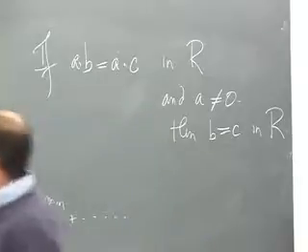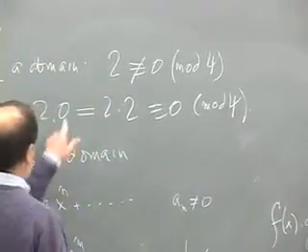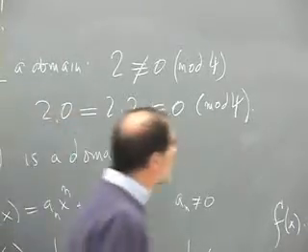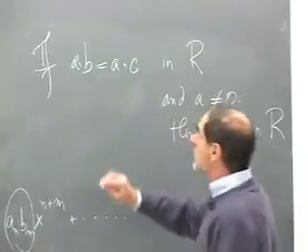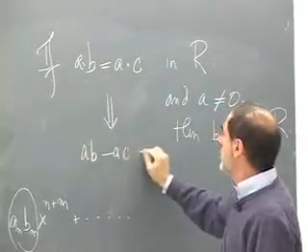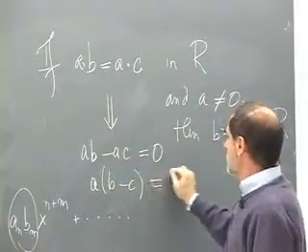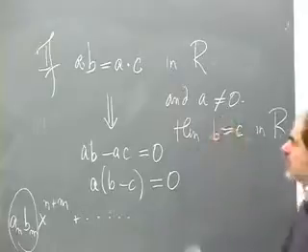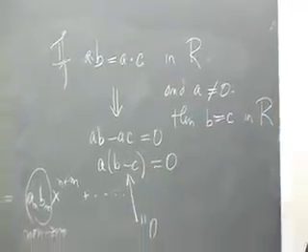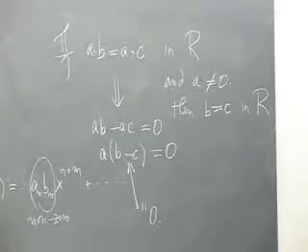For example, 2 times 2 is equal to 0, and that's equal to 2 times 0, but 2 is not equal to 0. Okay, why is this true? Well, subtract and use the distributive law. This implies that ab minus ac is equal to 0, which means that a times (b minus c) is equal to 0. a is not equal to 0, so this has to be equal to 0. That's the domain property. So we can do cancellation in domains, not in arbitrary rings.